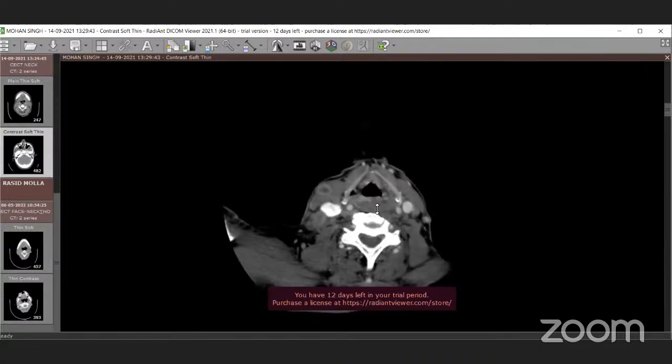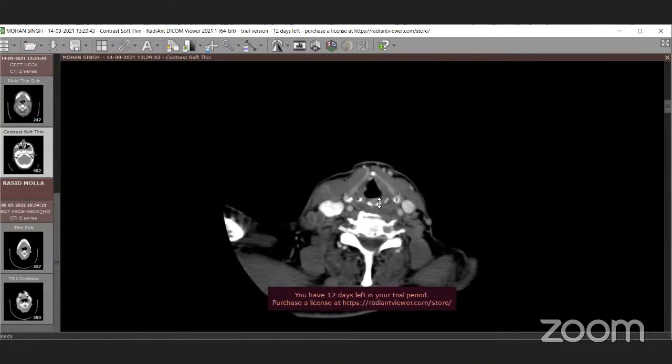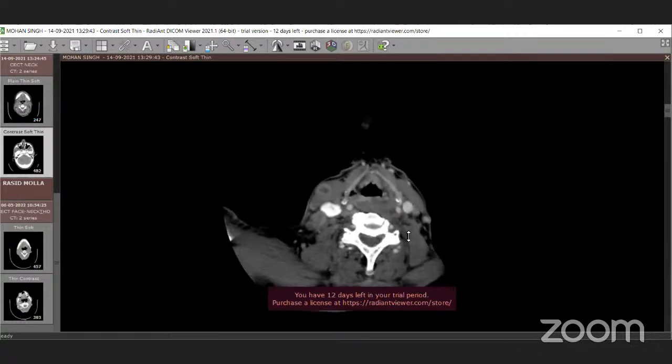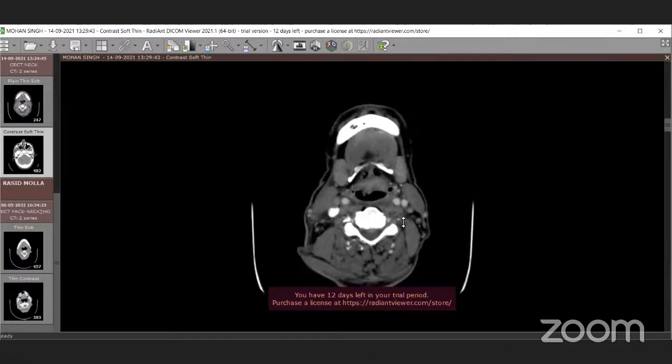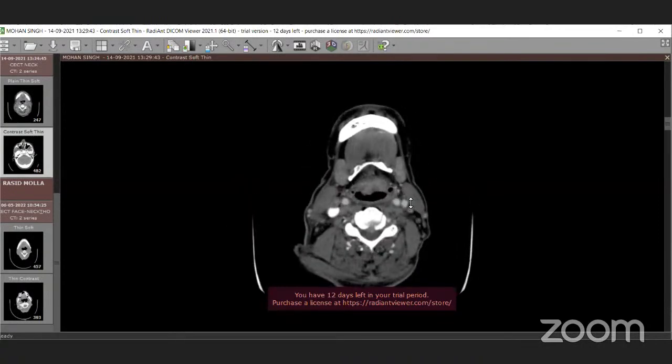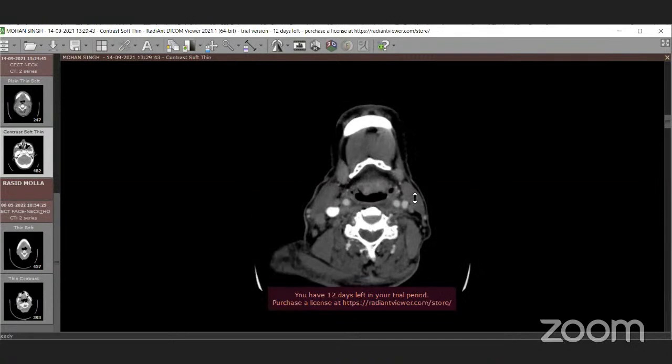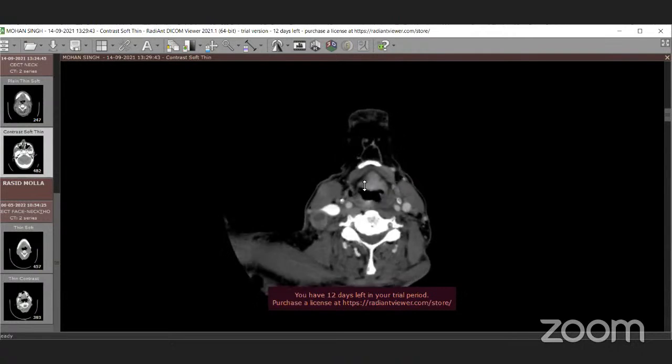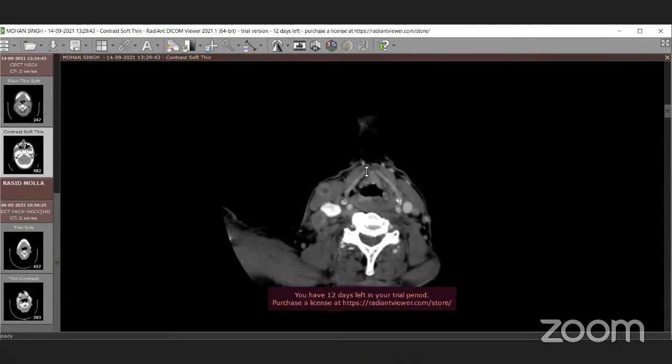Okay, sir. In continuation with it, could you please show us one structure, the thyrohyoid membrane here, because it is not in the laryngeal part, but yes, it is. When there is disease extension of the tumor from the hypopharynx into the larynx, we will have to consider whether it is going extralaryngeal as well or not. Exactly. So this is the inferior margin of the hyoid bone. As we go inferiorly, we have this thyroid cartilage, which is partially calcified.